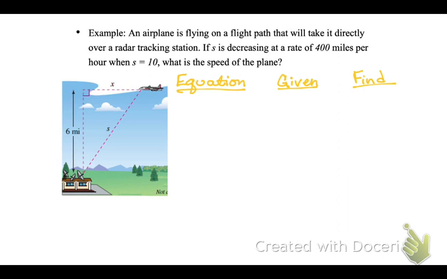Okay, so if S is decreasing at negative 400 miles per hour when S is 10, what is the speed of the plane? So which variable is speed? X. So what are we finding? X. Speed. How about dx/dt? Yeah, that's what I said.